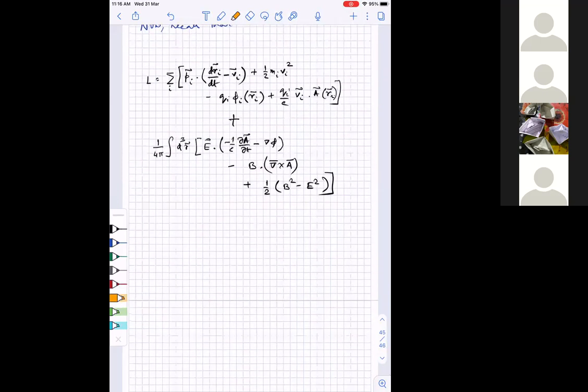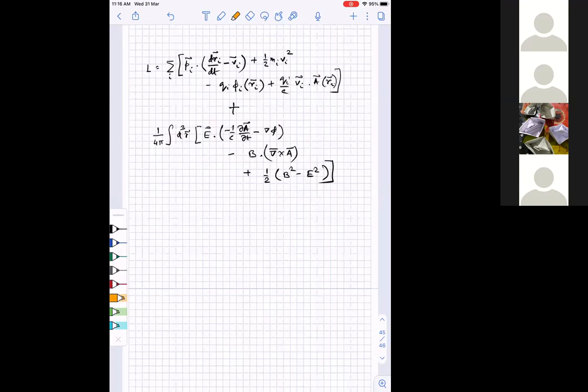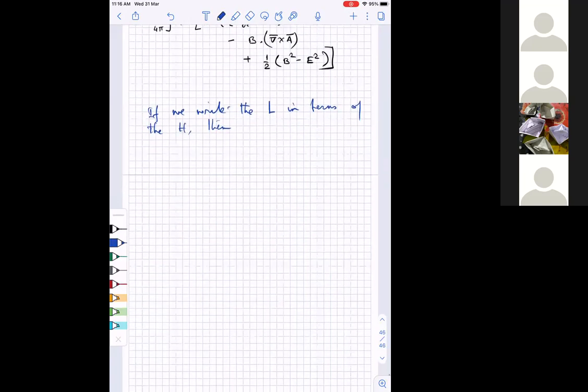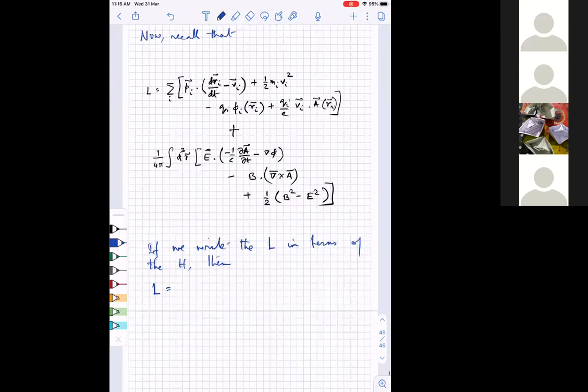So my Lagrangian then becomes the first term, okay?